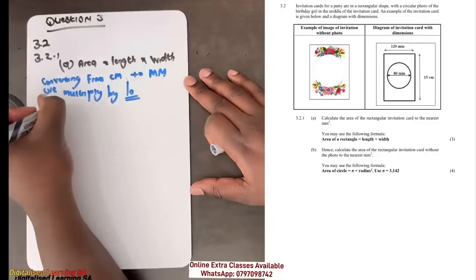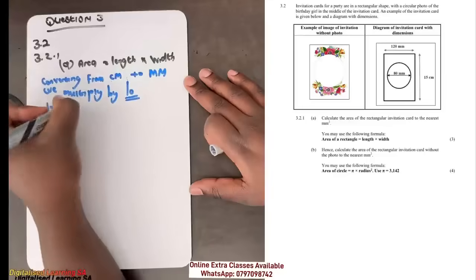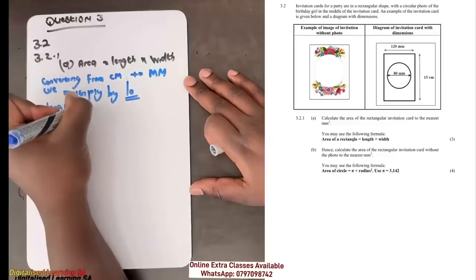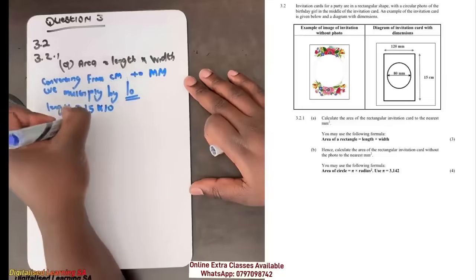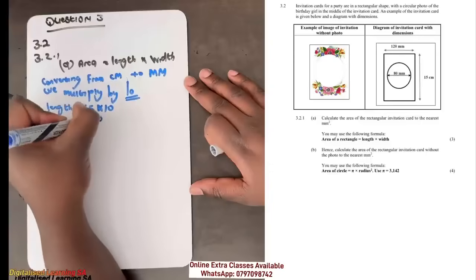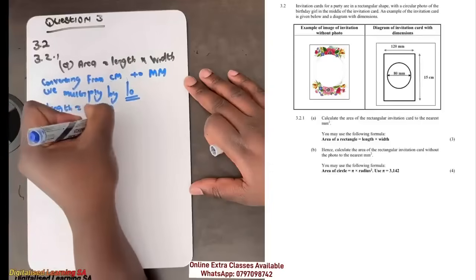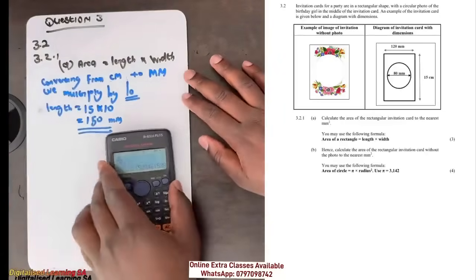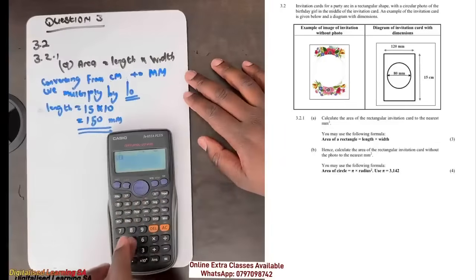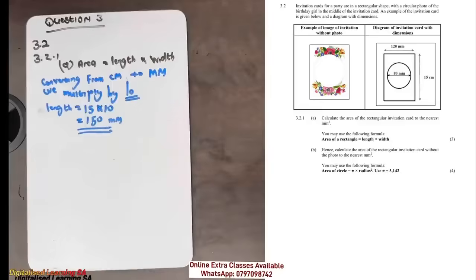We need that our length, which is equal to 15, will now be, remember we're multiplying by 10, 150 millimeters. Just to verify that, 15 multiplied by 10 is equal to 150.